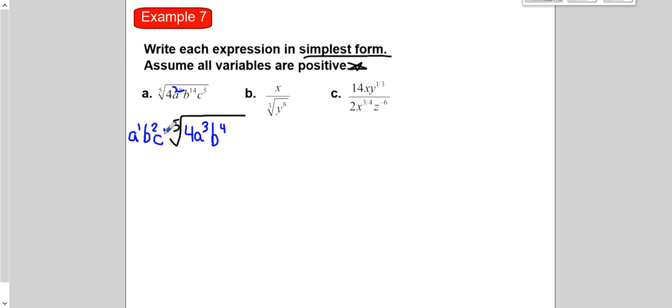So that's c to the 1st power, no c's left inside. All right, let's write this for our final answer. We have a b squared c times the 5th root of 4 a cubed b to the 4th.